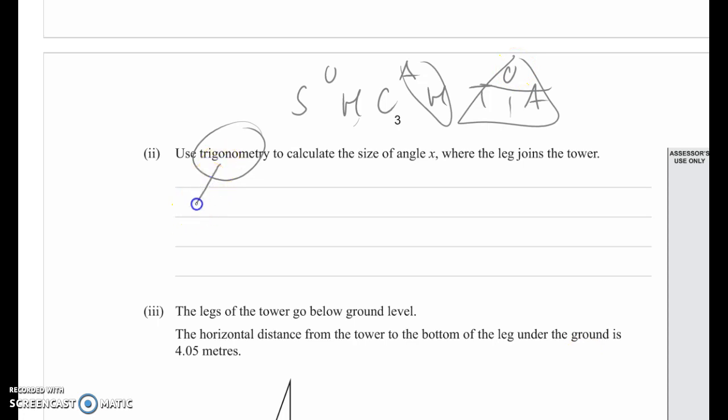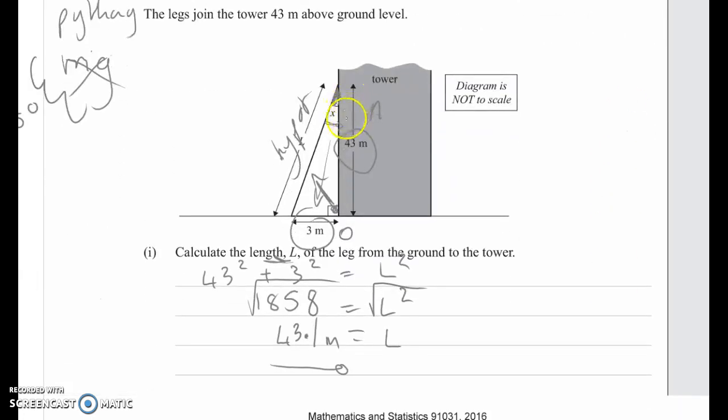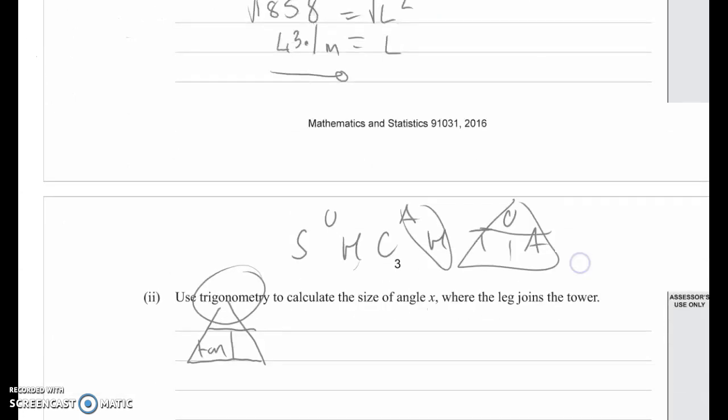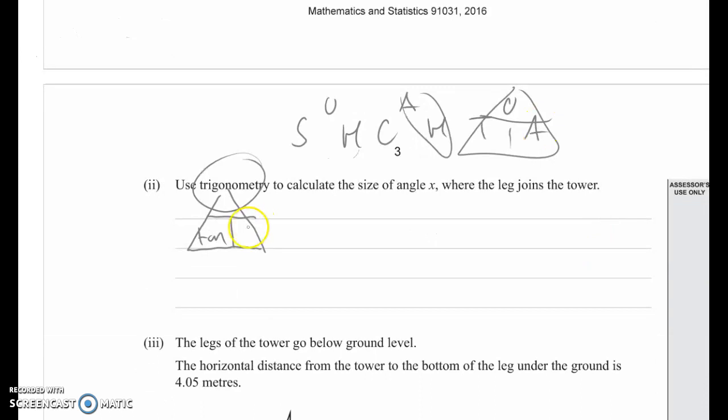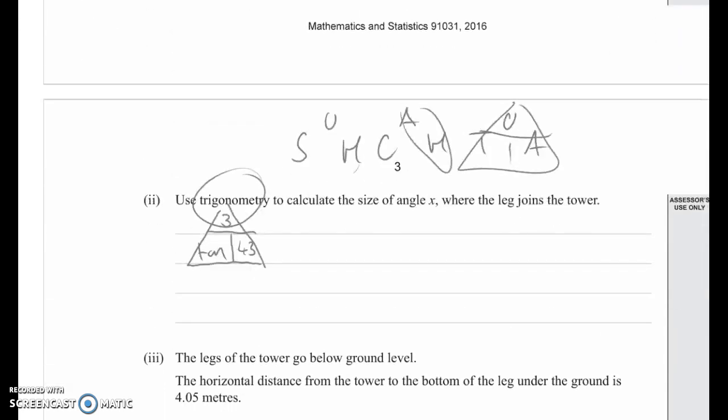So I'm going to fill in my triangle here, and it's going to be tan of X. My adjacent is 43 and my opposite is 3. Okay, and this is tan of X. We don't know what that is at the moment.